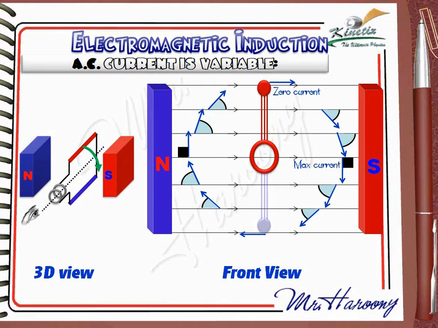When the side wire is at the bottom of the motion and is again parallel to the magnetic flux lines, the generator produces zero current again. In the extreme left, the motion is perpendicular to the magnetic field lines, and the current produced by the generator is maximum but in the opposite direction.